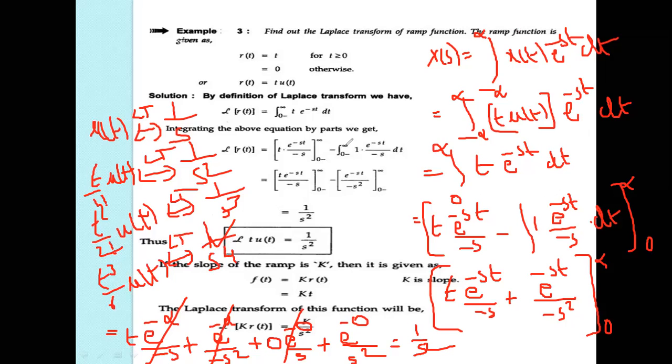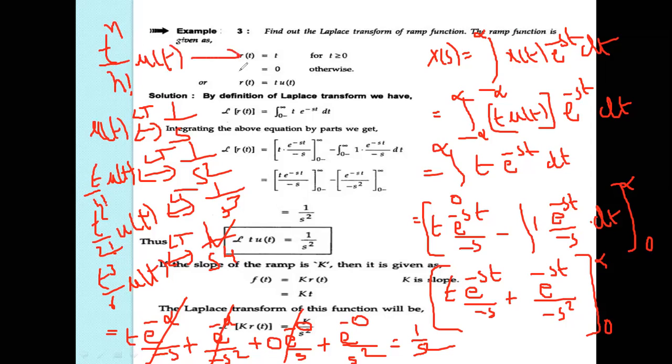Got it? So for the nth value, it is t power n by n factorial with the mu of t.